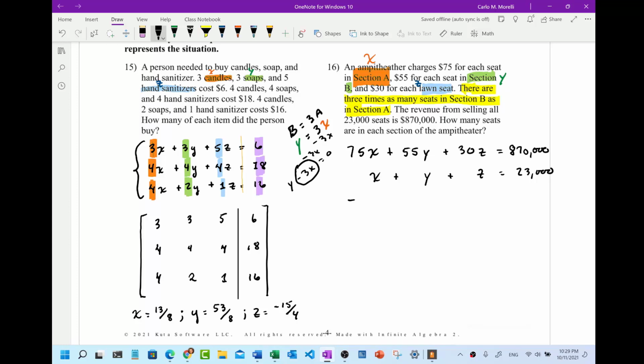You're going to put negative 3x, and then y is just plus 1y, so plus y, plus 0z. Okay, so here it's 1z, and then it's 0z, and that equals 0. So you've kind of rewritten this as a third equation. Here are your coefficients for that second line, 1, 1, 1, and then 23,000. So those are your equations.